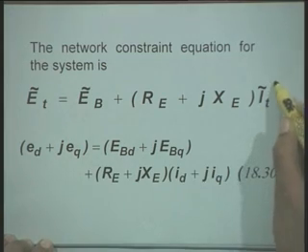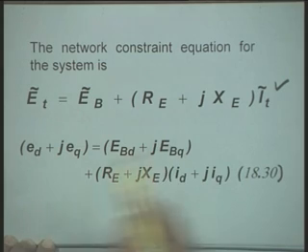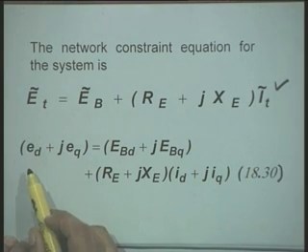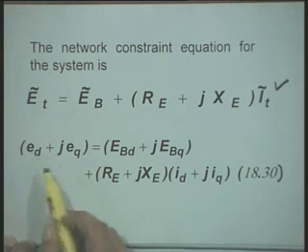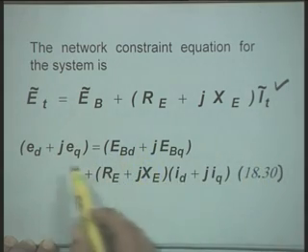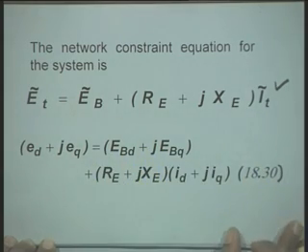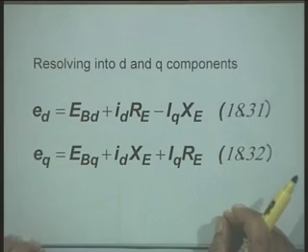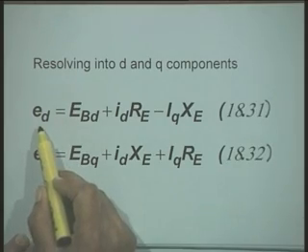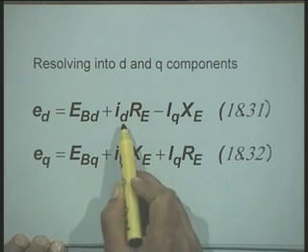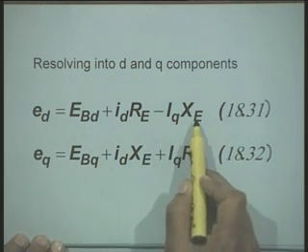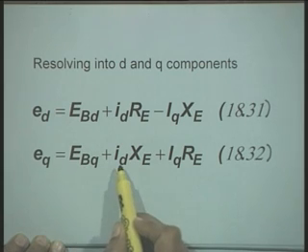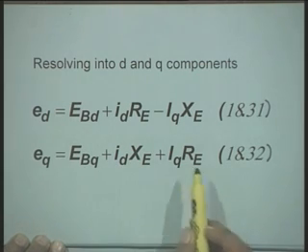Now, this exercise has been done here. This is our network constraint equation. Okay, I am just reproducing it here. You substitute in this equation, replacing E t, I t and E b by the components, and you perform simple algebraic simplifications, and you will get these two equations, that is E d equal to E b d plus I d into R e minus I q into x e, E q equal to E b q plus I d into x e plus I q into R e.